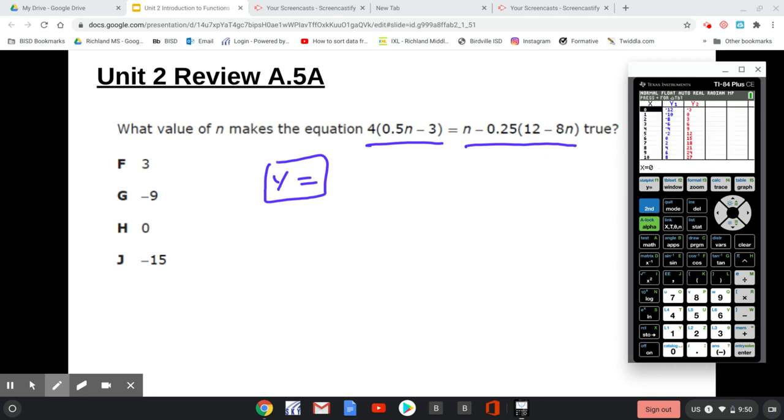table. Now, when x is 3, I can see that these two columns are -6 and 6. So we know that's not it. When x is 0, I can see the columns are -12 and -3, and that's not it.